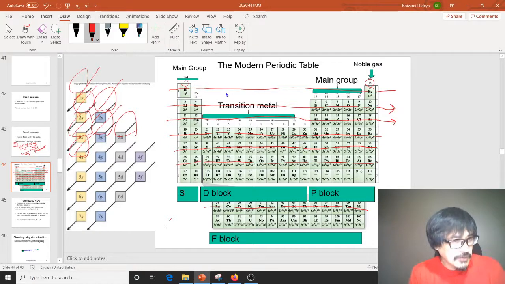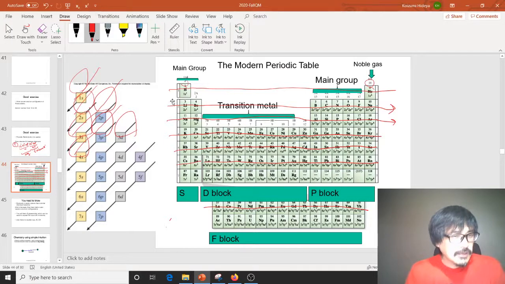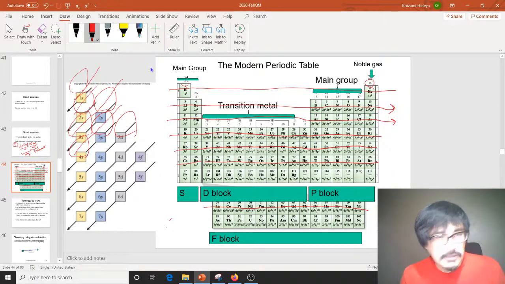So what I'm doing right now, going sideways in the periodic table, is equivalent to the Aufbau principle. So whichever one you're comfortable with is fine. It's basically going to give you the same thing.